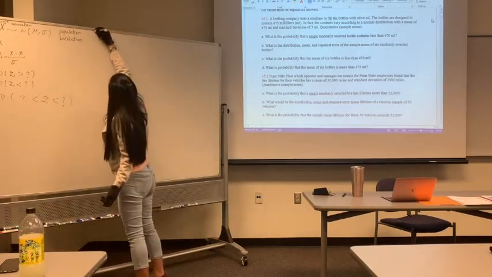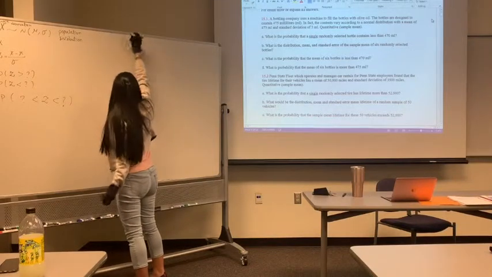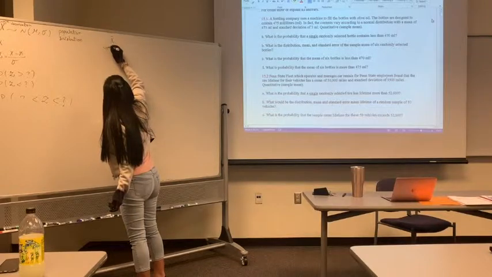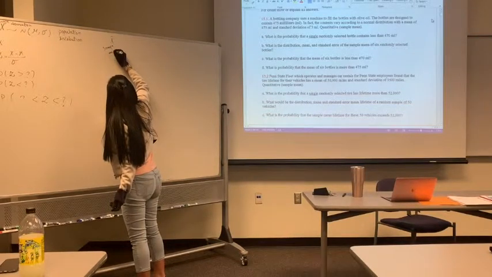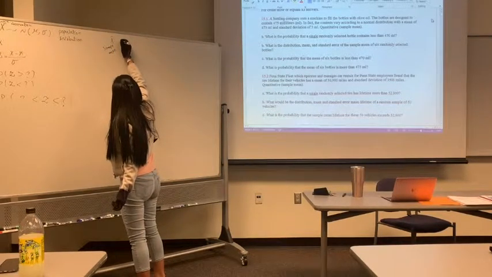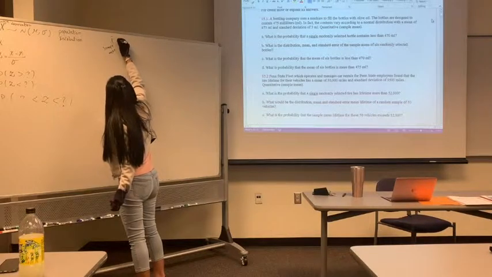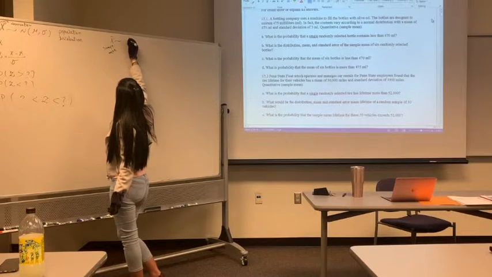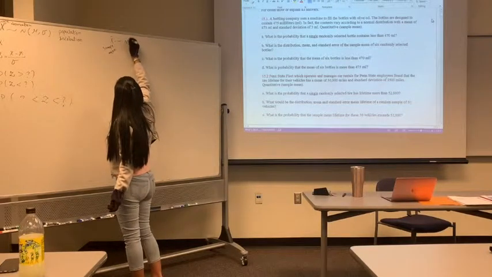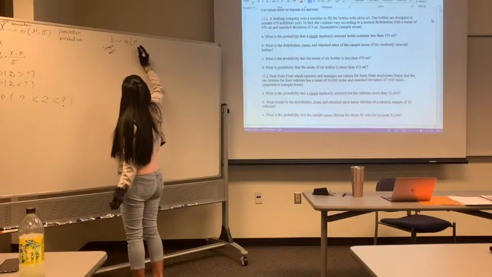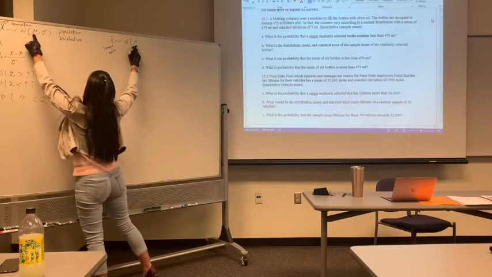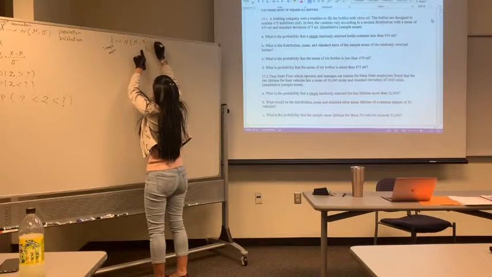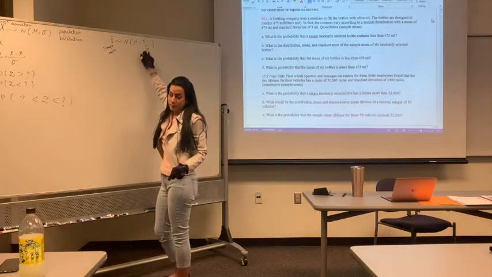Then in chapter 15 we talked about the sample mean, x bar. According to the central limit theorem, if we choose a large sample size, this x bar, the sample mean, will have a normal distribution with the same mean as the population, but the standard deviation will change to sigma over square root of n, where n is the sample size.